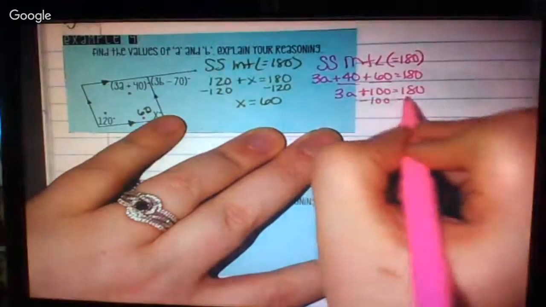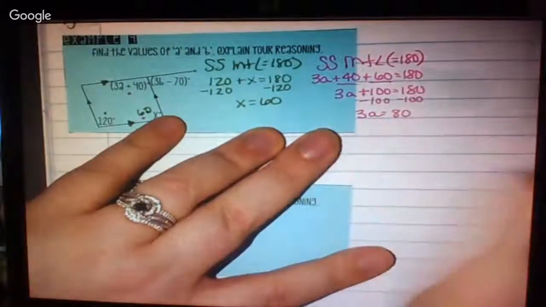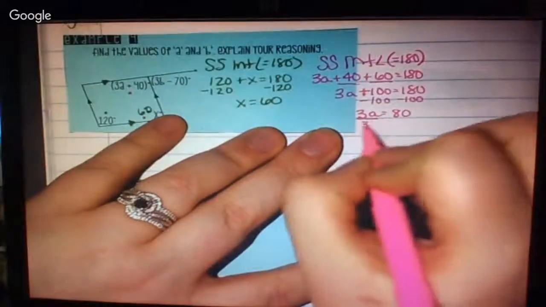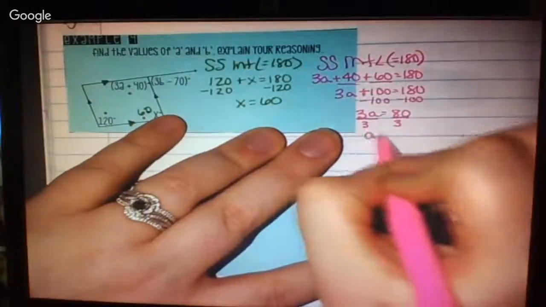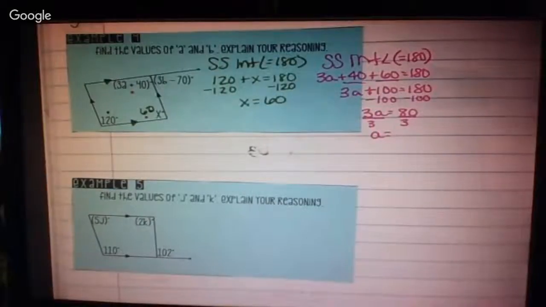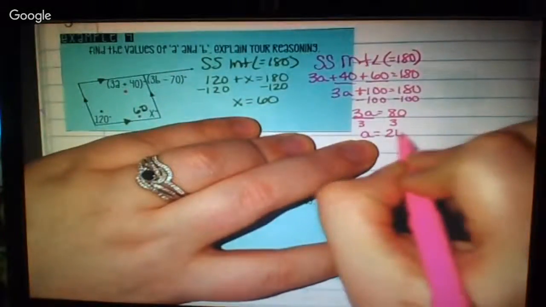Subtract 100 from both sides. 3A equals 80. So that means when I divide by 3, A is going to equal 26.6 repeating.